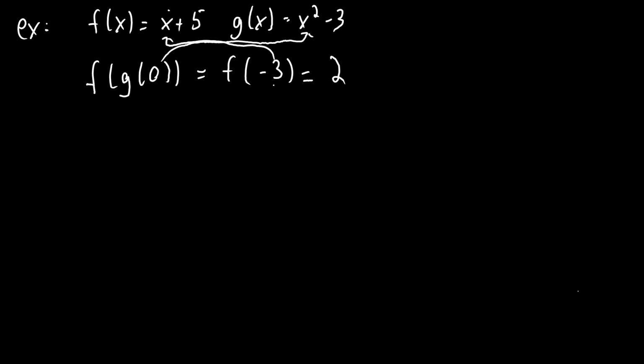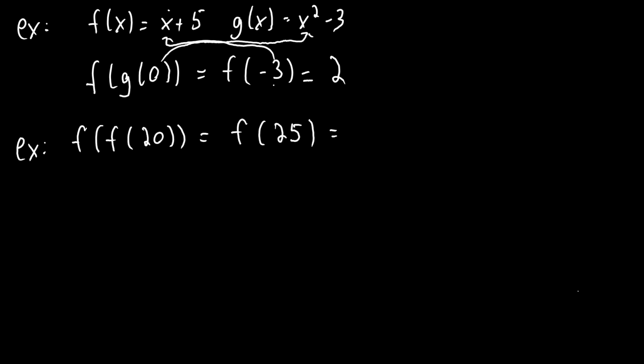Okay, so let's try one where we use 20. So g of 20 plus 5 is 25.